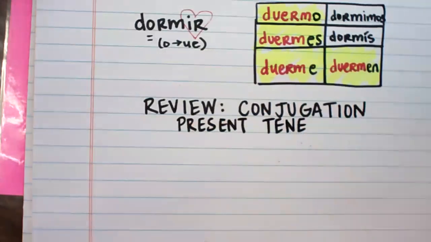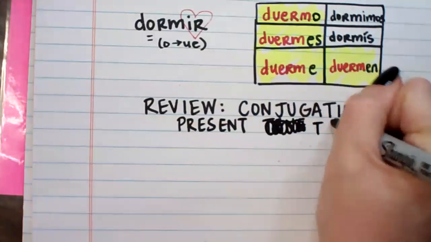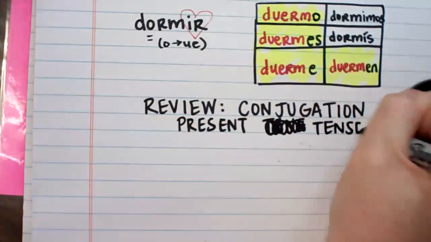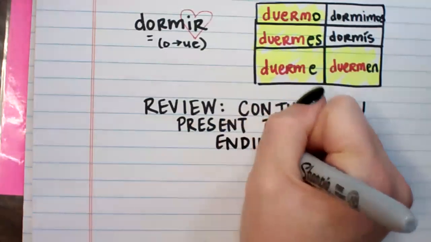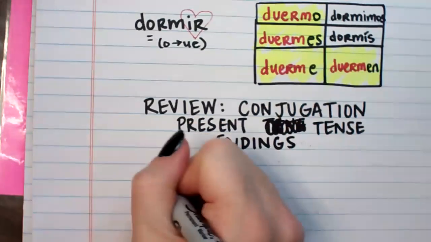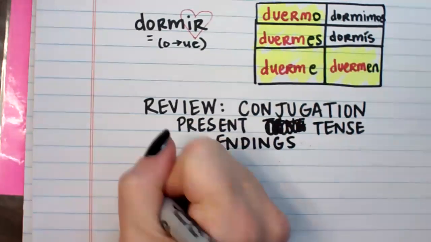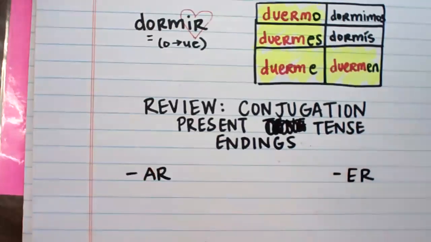Ooh, look at me remembering how to spell. Present tense endings. So I'm going to put AR verbs and ER verbs. And then we'll do IR down here at the bottom.